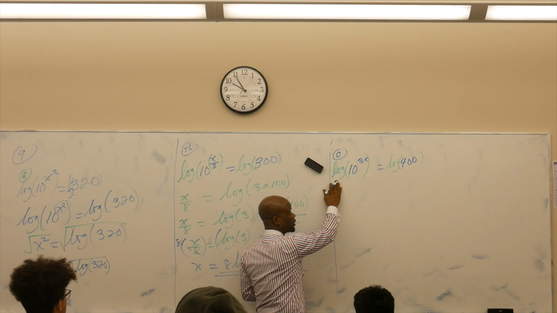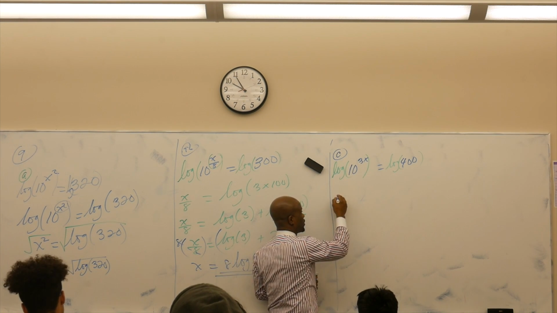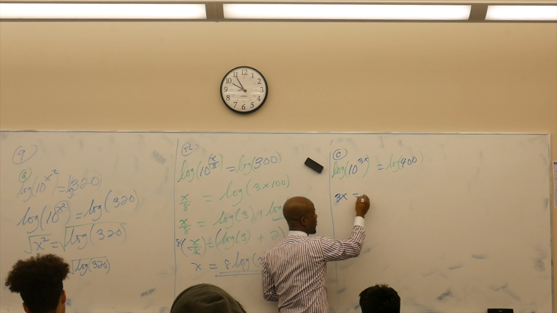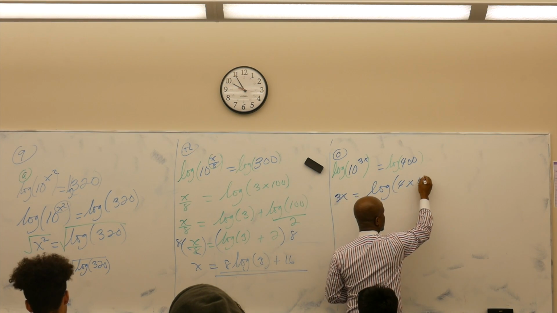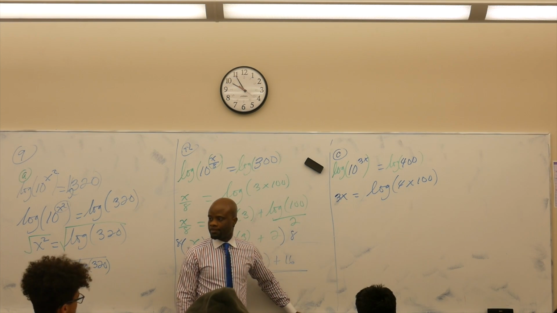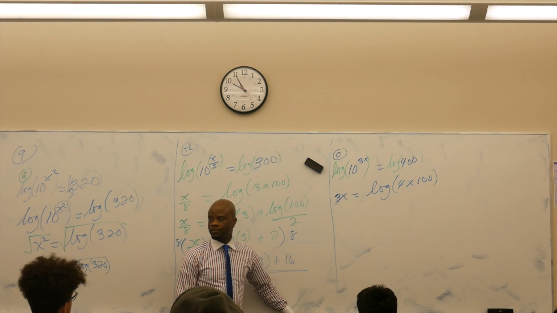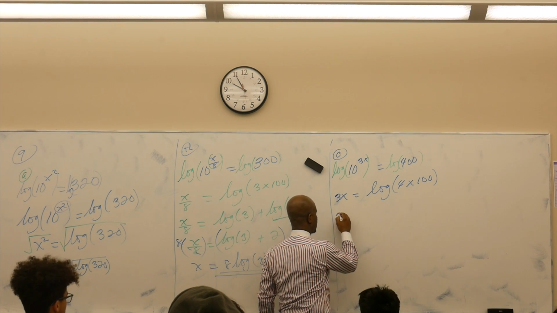So now the log base 10 of 10 to some power is just that power. So our power here is 3x. And 400 is 4 times 100, right? So we're just following the same pattern here from the 300 piece.